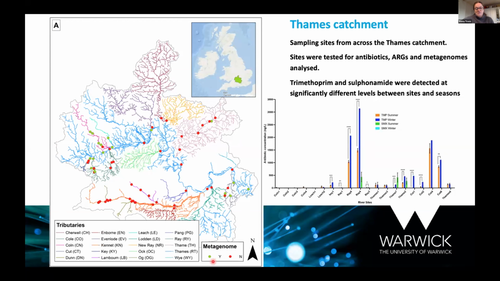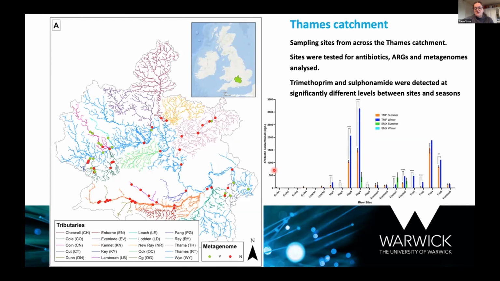And the difference between the green dots and the red dots is the type of analyses that were done on them. So it's the green dots that I'm going to be going on to look at. They had the more detailed analysis, including the metagenome analysis. And then on the right hand side of the screen, we also looked at antibiotic levels in all of these sites, and I'm just picking out a couple of them here.